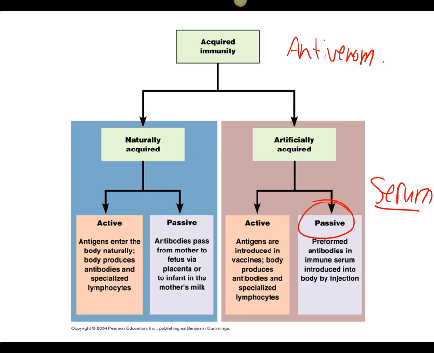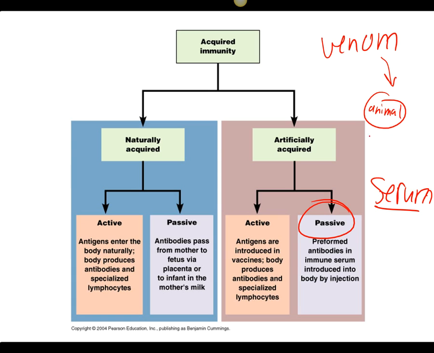How do they make antivenom? Well, what they do is they take venom, they milk a snake's fangs, and they put it into some sort of animal, like a cow or a sheep. The animal gets sick, right? The immune system reacts and starts to produce antibodies that are specifically targeting that venom.